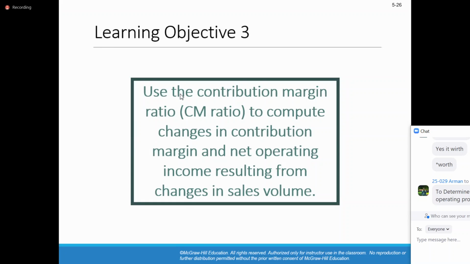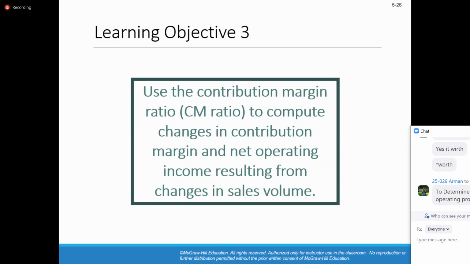So in learning objective 3, today we would like to see how the contribution margin ratio can be helpful to compute the changes in contribution margin and the changes in net operating income if we think that there has been a change in sales volume, or we are expecting to change our sales volume.